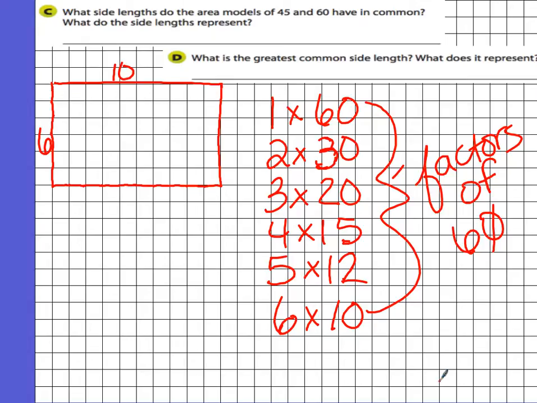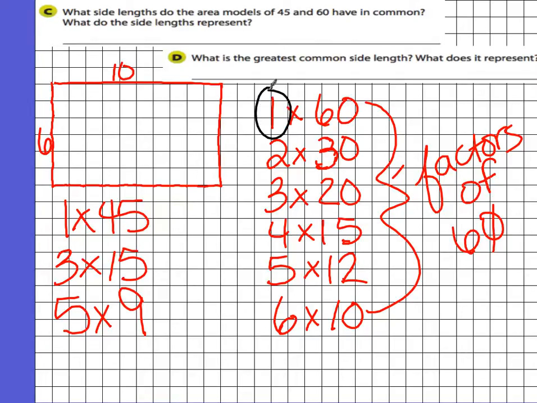Okay, so in this case, if we look at this, which ones did they have in common? So 45 had 1 by 45. It had 3 by 15 and 5 by 9. So if we look here for the ones that they had in common, it was 1, 3, 5, and 15.